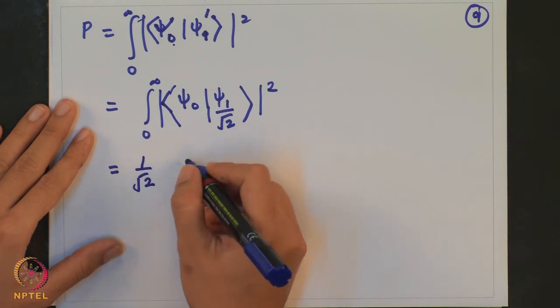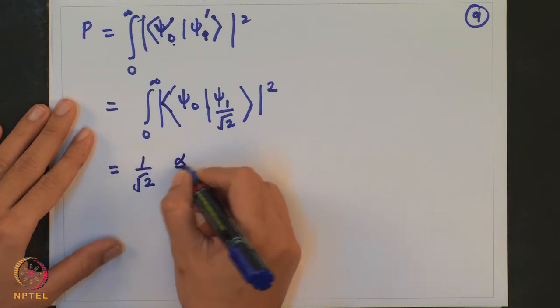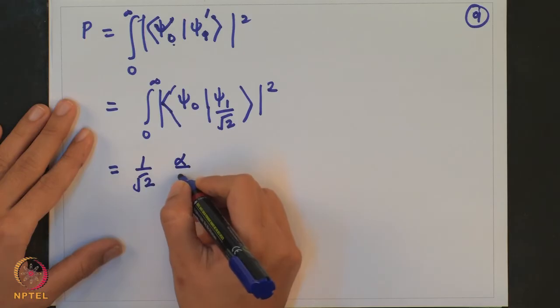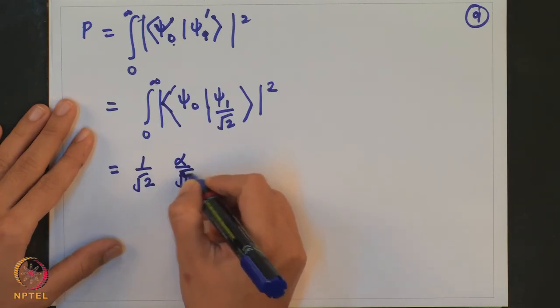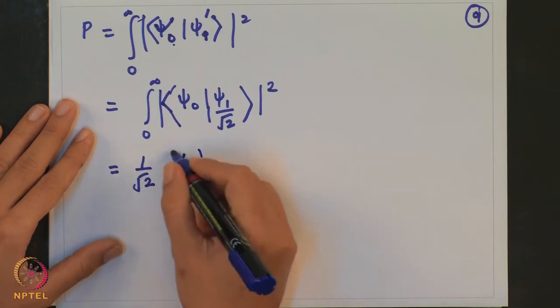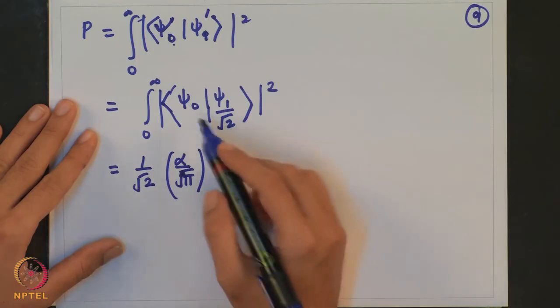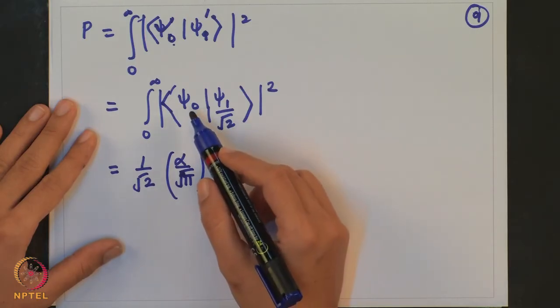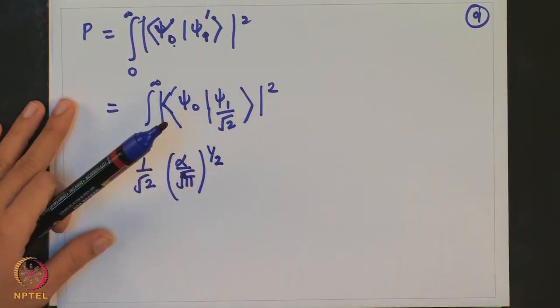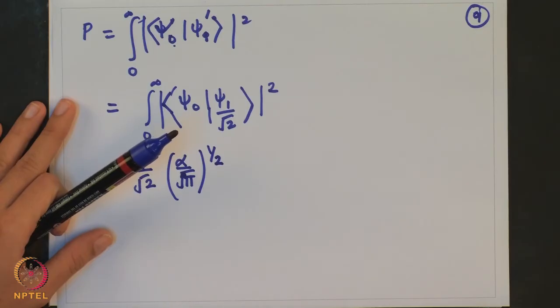times alpha by square root of pi. This is for psi naught. So, I have here this expression where psi naught will have alpha to the power 0, that is 1.